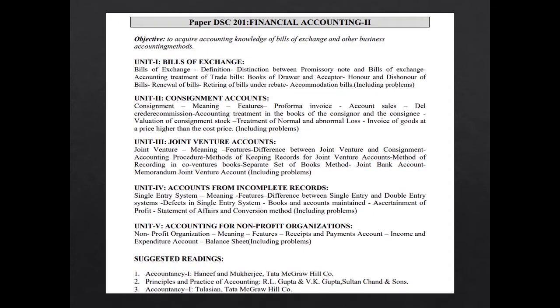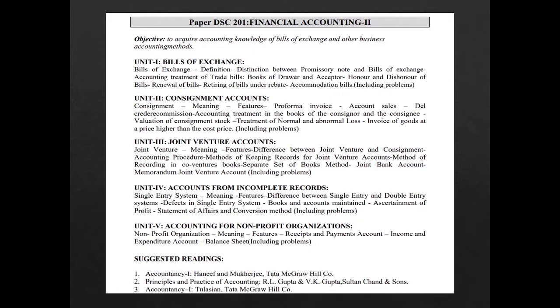So our Financial Accounting 2 has 5 units: unit 1 Bills of Exchange, unit 2 Consignment Accounts, unit 3 Joint Venture Accounts, unit 4 Accounts from Incomplete Records, that is the single entry system, unit 5 Accounting for Non-Profit Organizations, that is non-trading organizations.